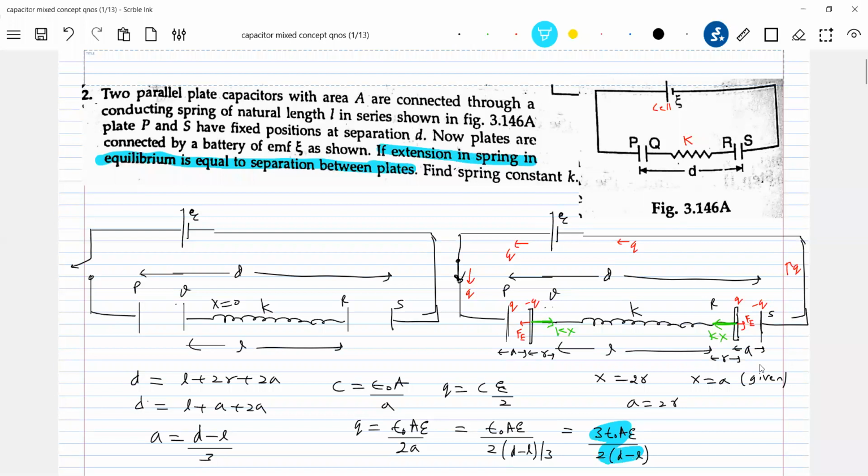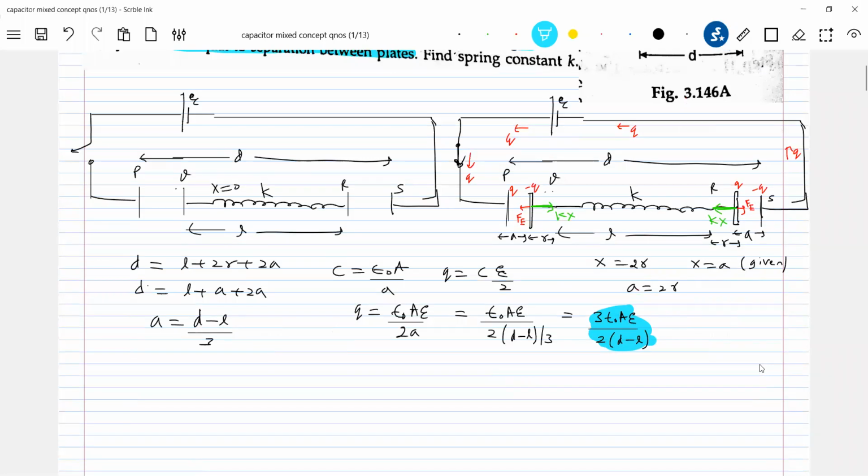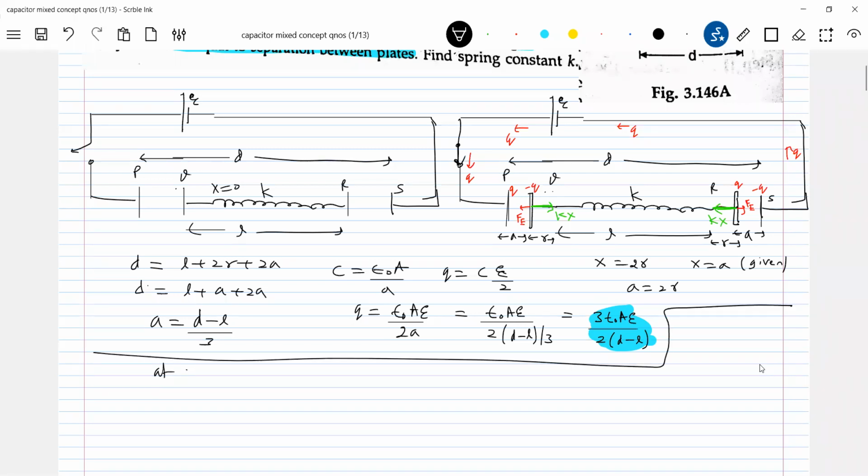Now at equilibrium, the electrostatic attractive force between the plates should balance the spring force. So Fe should be equal to Kx. What is Fe? Q square by 2A epsilon naught.